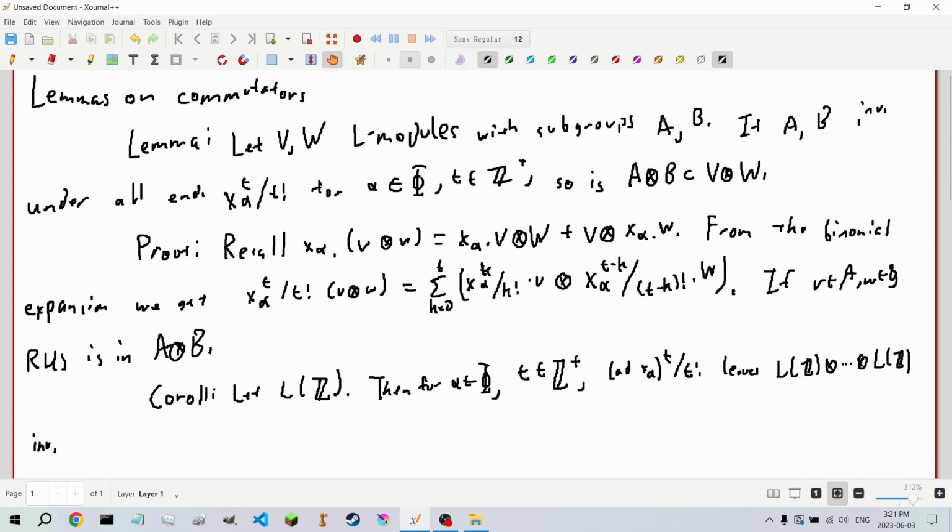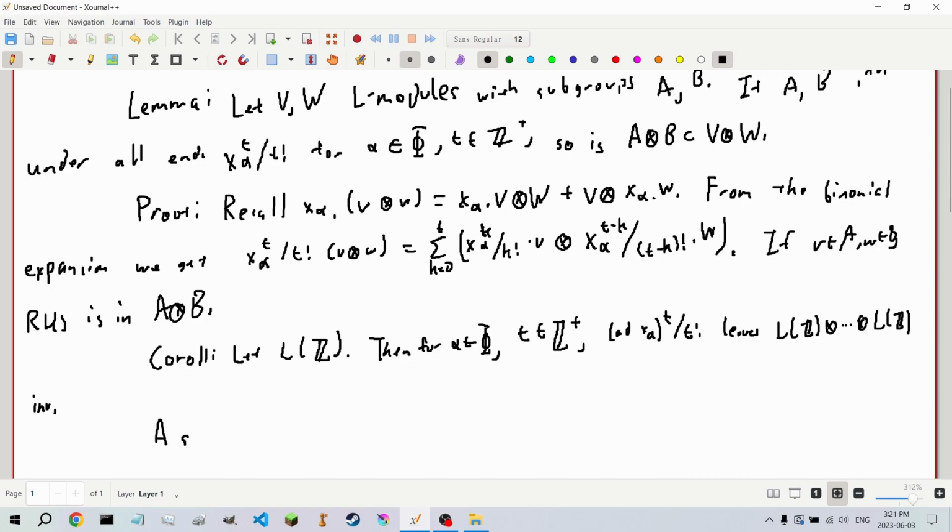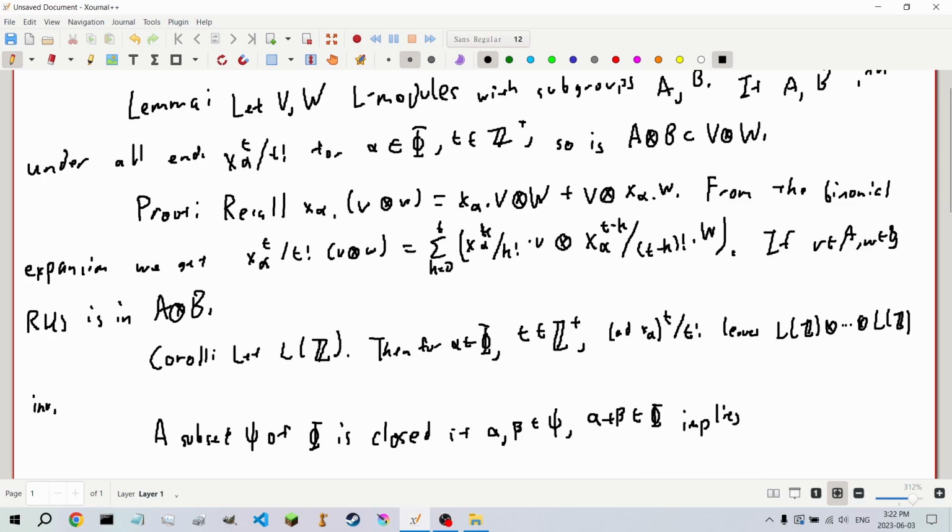So we now have a subset C of phi is called closed if alpha and beta being in C and with their sum being a root implies that the sum is in C. So keep in mind, both alpha and beta have to be roots themselves, as C is a subset of our root system.